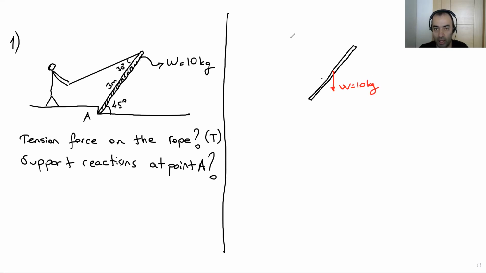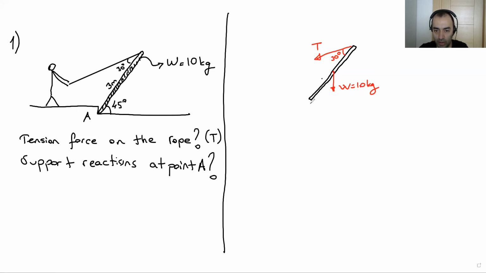And what we have more, we have support reactions. By the way, before that, let's draw the rope here. Here we have T with the angle of 30. And we have more reaction forces.